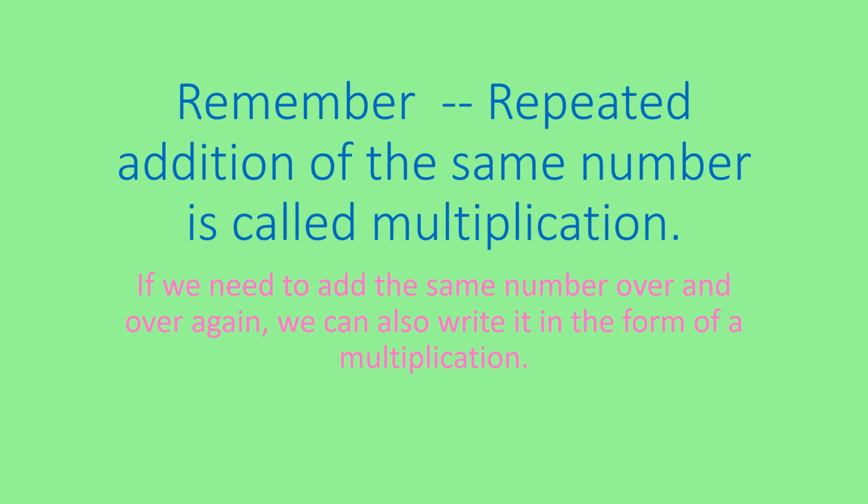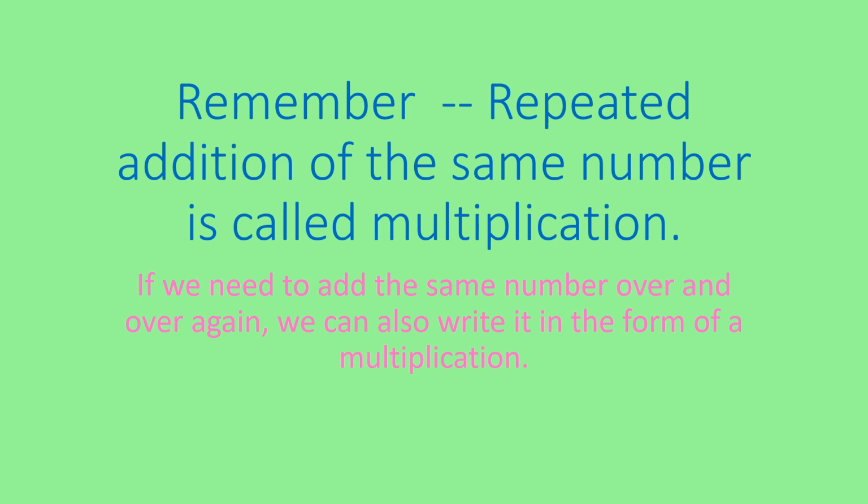Now we can do this only if all the numbers we are adding are the same. Like I told you in the examples, 7 apples and 7 apples and 7 apples and 7 apples. If there are different numbers to add, we cannot multiply.